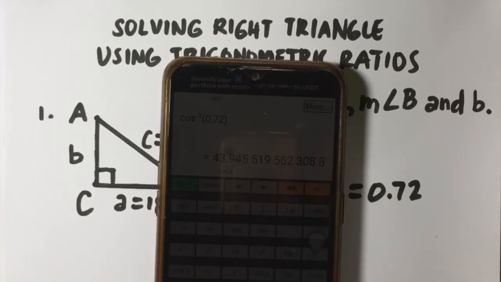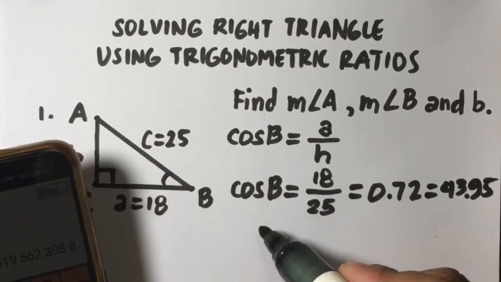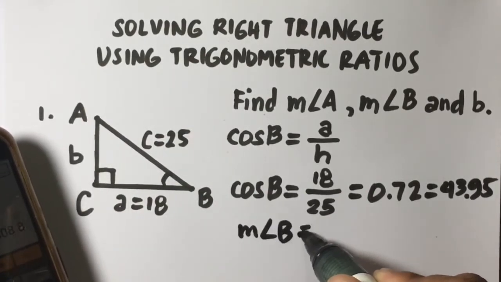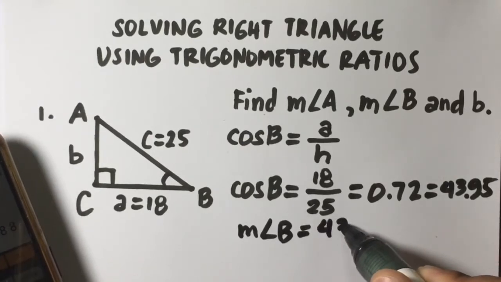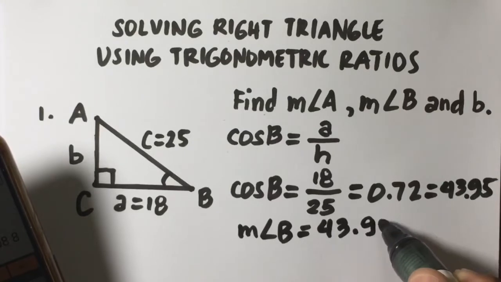So you have there 43.95. So this is now the measure of angle B, 43.95.